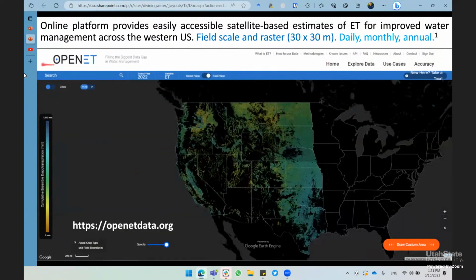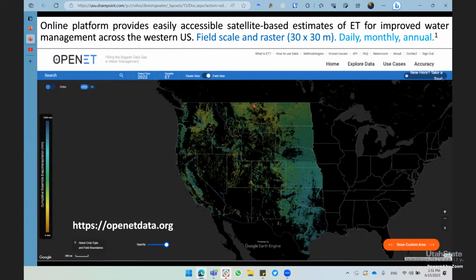This is the OpenET platform as you see in the web page. You can access by writing this link, openetdata.org. So the OpenET platform is an online platform that provides easily accessible satellite-based estimates of ET for improved water management across the Western US.